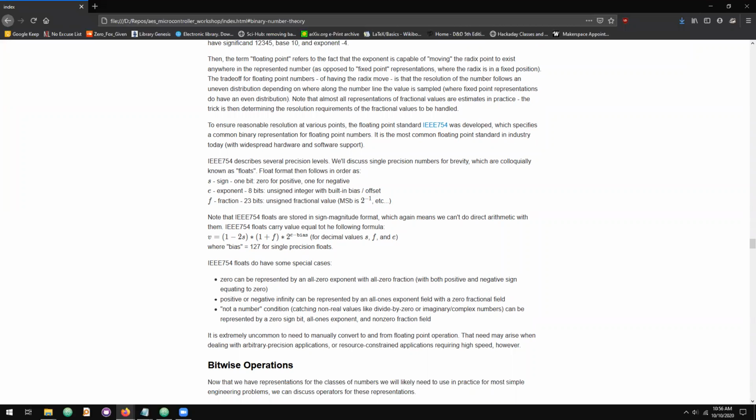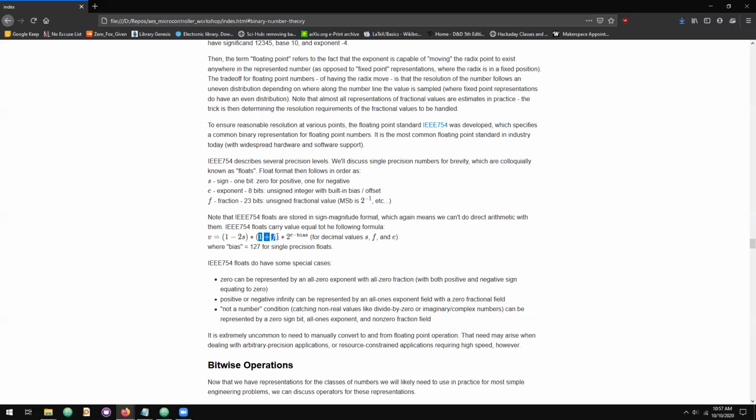And we add 1 to the fractional value because that's part of the convention of IEEE 754. I'm pretty sure it has to do with the way that you can represent numbers that are close to 1 or just below 1. So for instance, if we wanted to represent 0.5, you could have a fractional value of 4.